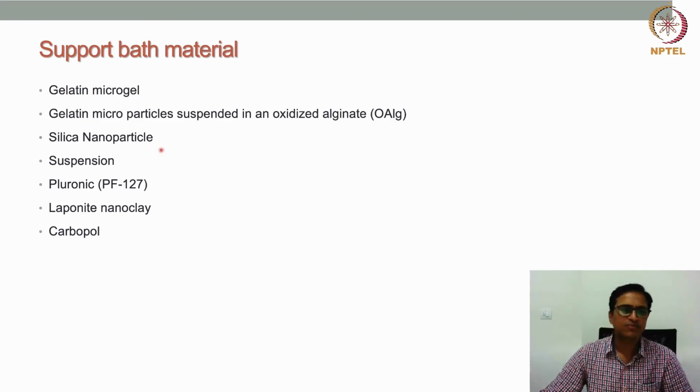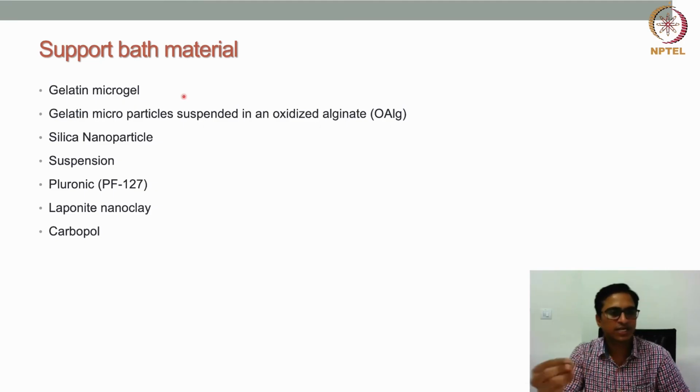So these are the different support bath materials that have been used, for example gelatin microgel. Gelatin is a biopolymer, and with a special technique, people have created gelatin microgel.